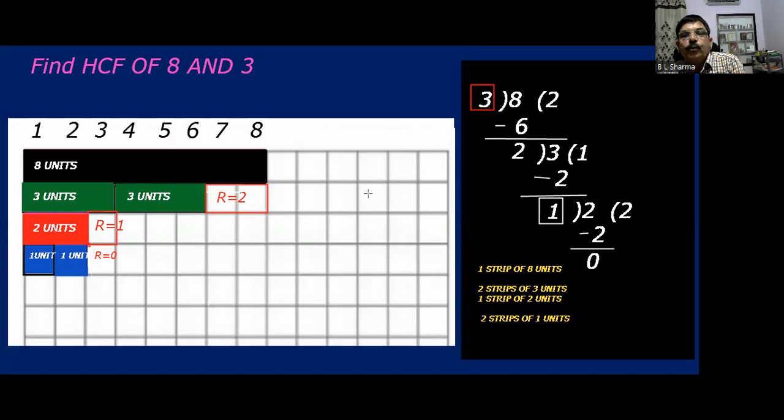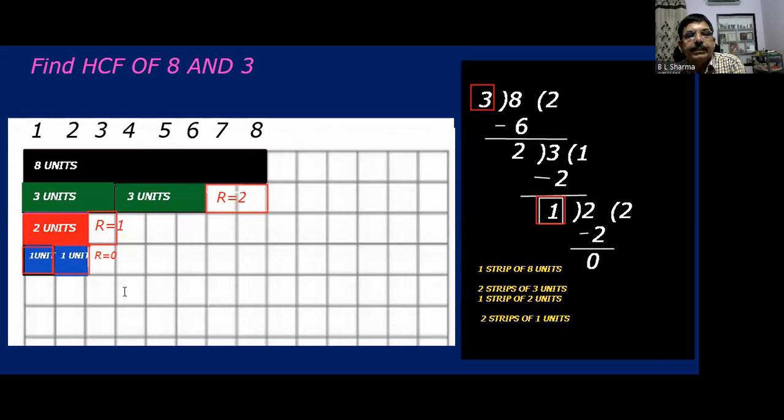Therefore, when there is no remainder, when you divide 2 by 1, the last divisor is 1. Last divisor here is 1. So the SCF of the 2 numbers, 8 and 3, is 1.